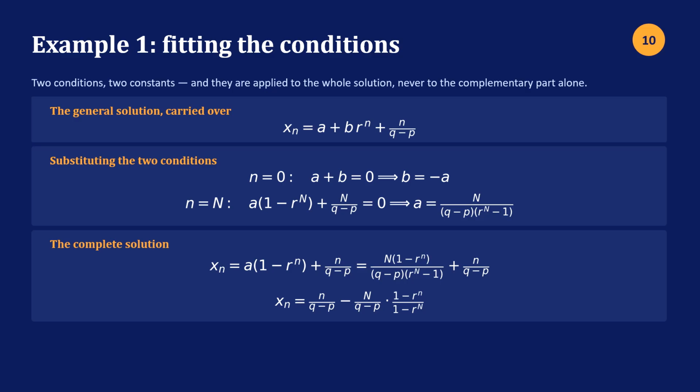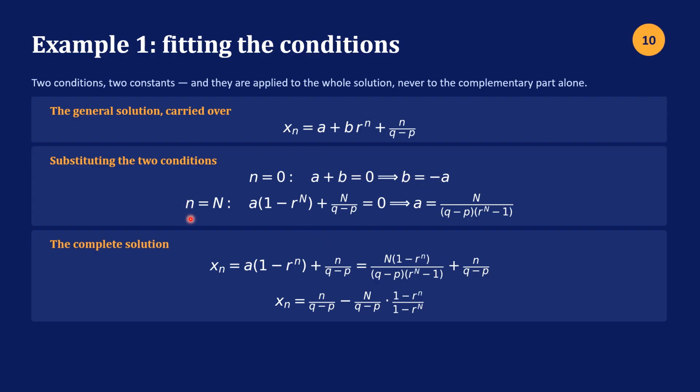So let's use the initial conditions here. We have x sub 0 equals 0. We plug that into our equation. So we get a plus b times r to the 0 power, which is 1, and that equals 0. So we have b equals minus a.